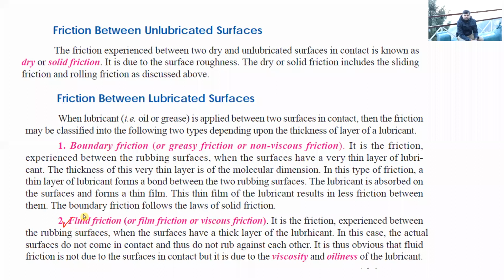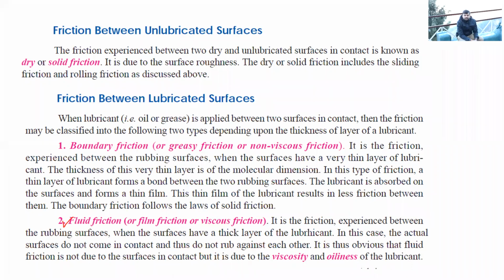Now the second type of lubricated surfaces is fluid friction. It is also called film friction or viscous friction. This is the friction experienced between the two rubbing surfaces when the surfaces have a thick layer of the lubricant. In this case, the actual surfaces do not come in contact and thus do not rub against each other.